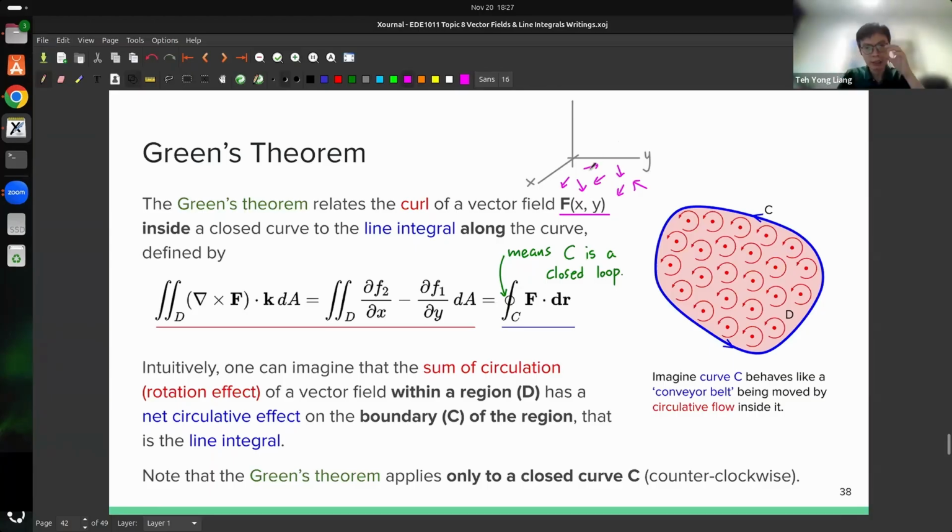But then if you take the curl, how do you take it? The curl is a cross product. Because this is only F of x, y, you still have your differentiate with respect to x, differentiate with respect to y, differentiate with respect to z. Then you cross.